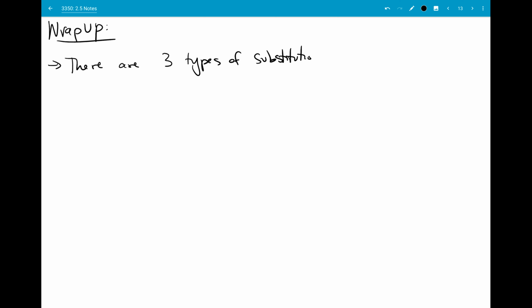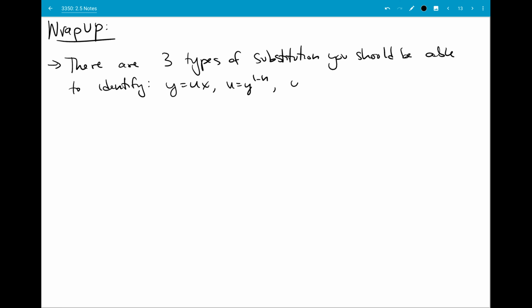So in conclusion, the big takeaways here are there are 3 types of substitution you should be able to identify: doing y equals ux, doing u is y to the 1 minus n, doing u is a linear combination of x's and y's and constants.